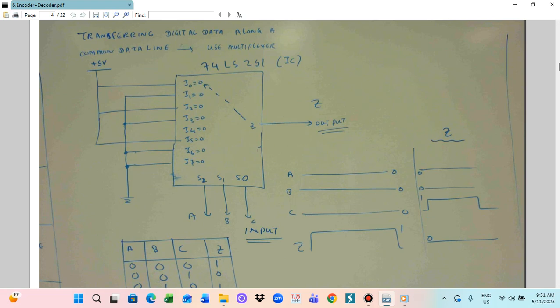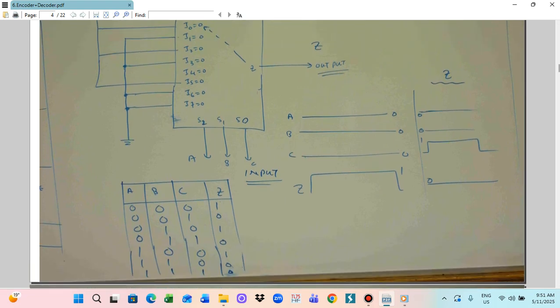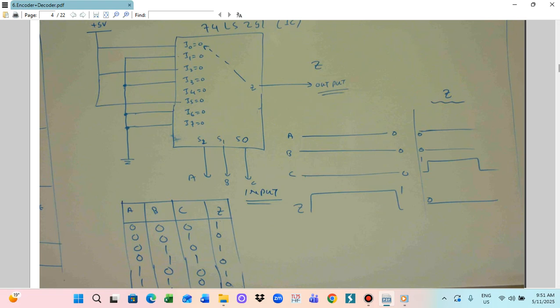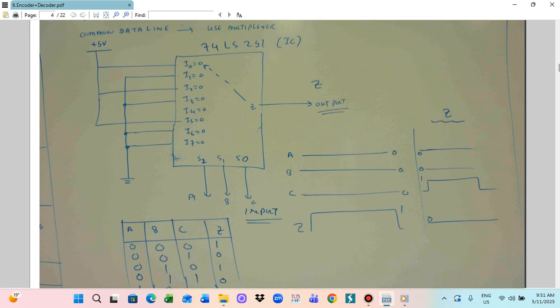The inputs are I0 equal to 0, I1 equal to 0, I2 equal to 0, I3 equal to 0, I4 equal to 0, I5 equal to 0, I6 equal to 0, I7 equal to 0. Those are data. And we also use the select inputs S2, S1, S0. The data lines will be A, B, and C, and this one will be the output.